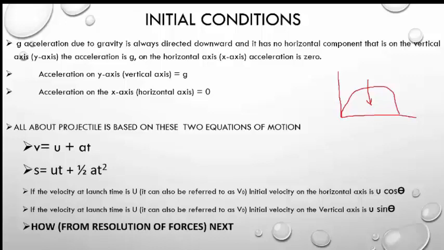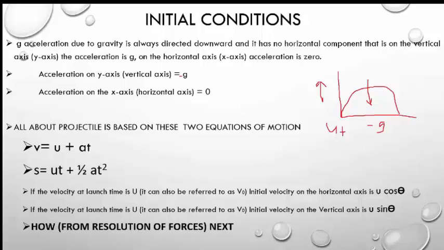On the y-axis, the acceleration is minus g, because the body is moving up and there is a velocity taking it up. By convention in physics, if u is positive, then g will be negative. In this scenario, there's a velocity taking it up against gravity, so my g will be negative.